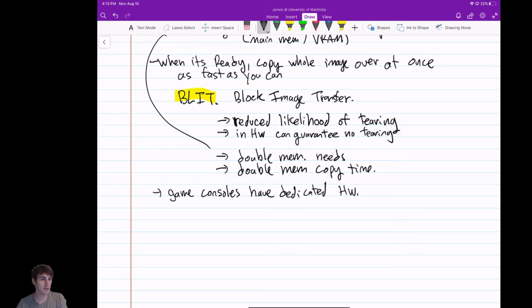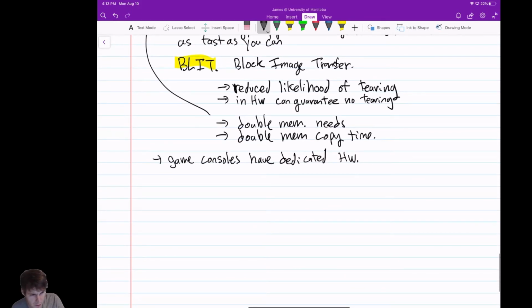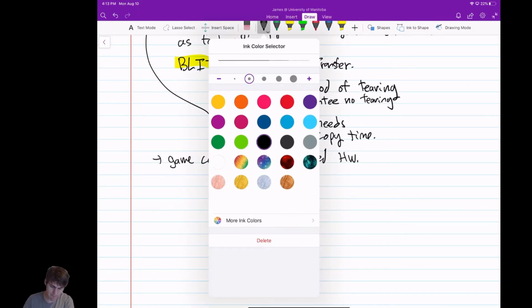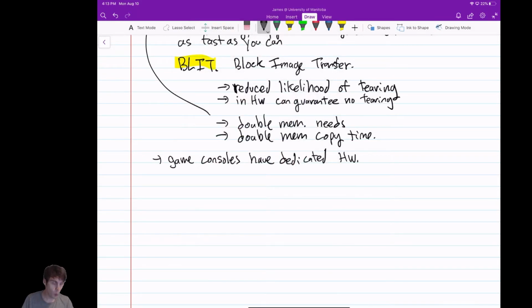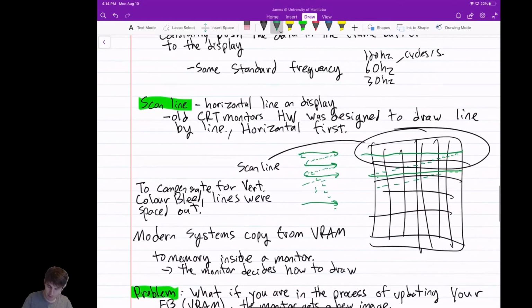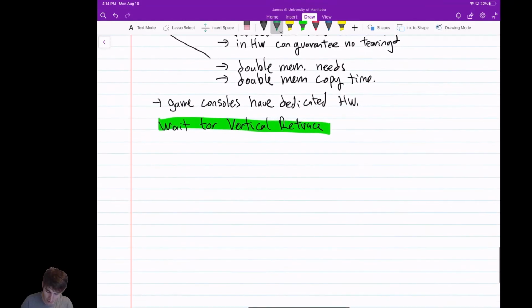There are a couple solutions to this that I'll talk about briefly. How are we for time? It's getting up there. One is called wait for vertical retrace. Remember back with our CRT and how the gun fires around? It tells your computer that the gun is doing that zigzag pattern and it's going to come back up.